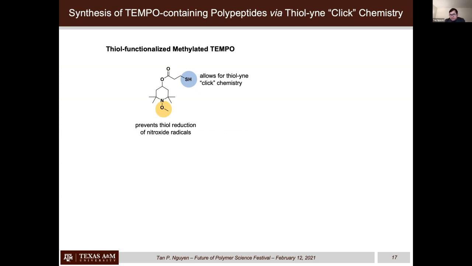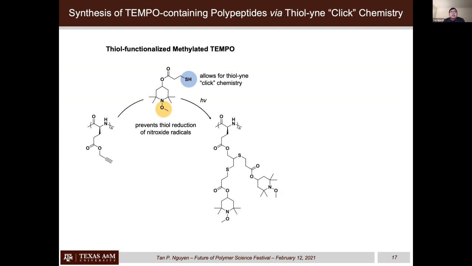The synthesis is quite simple, just mixing the propargyl-containing polypeptide with the thiol molecule to make the precursor polypeptide, then exposing this precursor polymer to an oxidizing agent to regenerate the radicals.